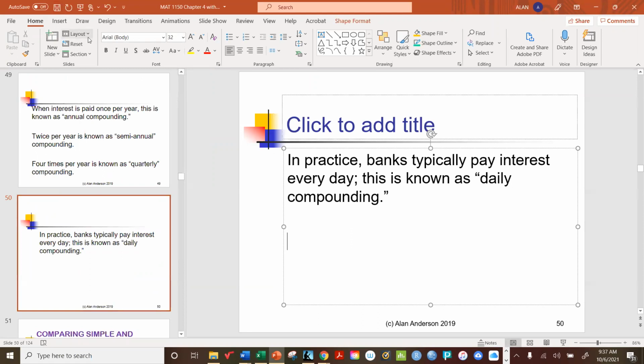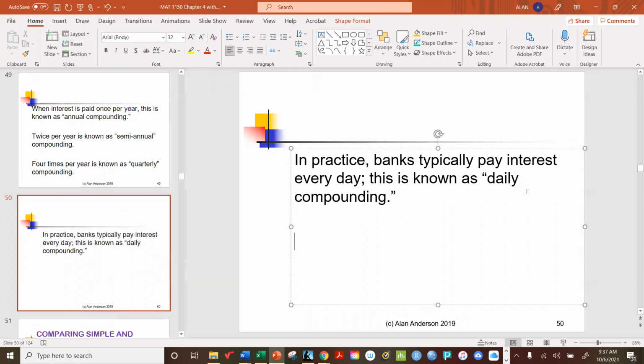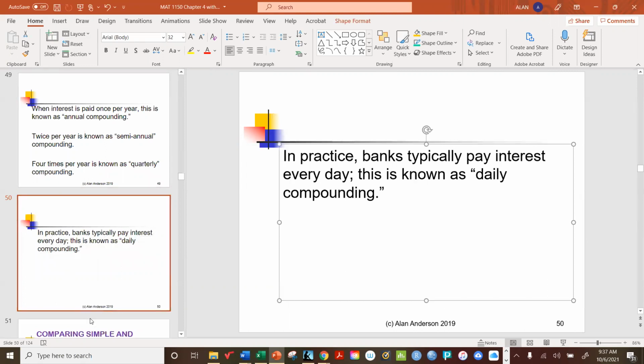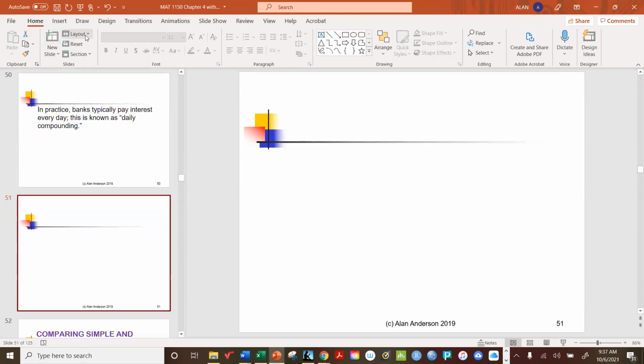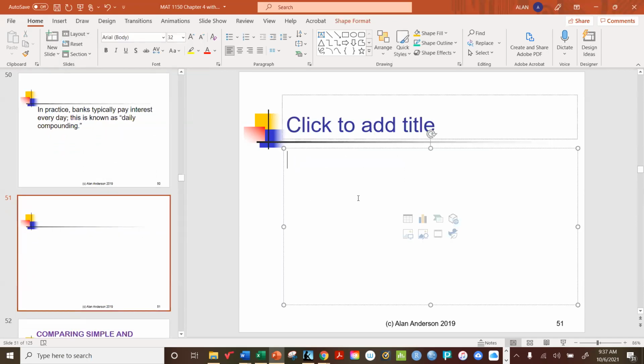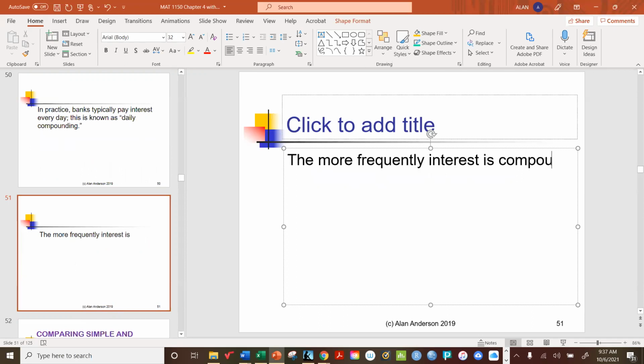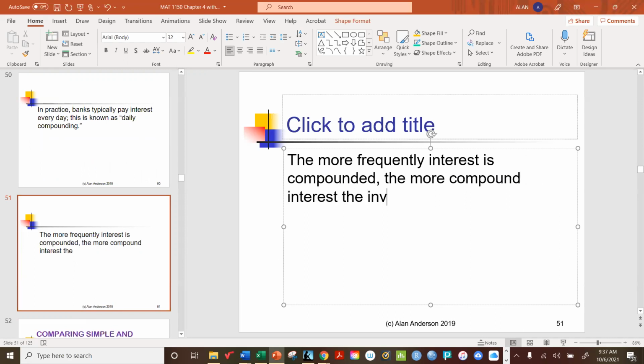Now, that's good news for you because you're saving your money. And it turns out that, and this is the most important detail, the more frequently interest is compounded, the more compound interest the investor will earn. So as an investor or saver, you want this. You say, oh, please bank, pay me interest every single day, which is what you're hoping for.